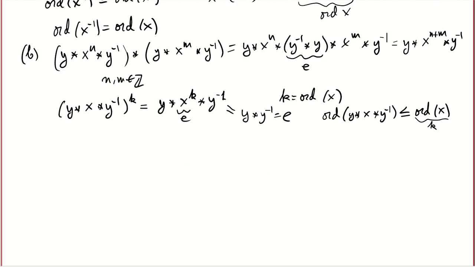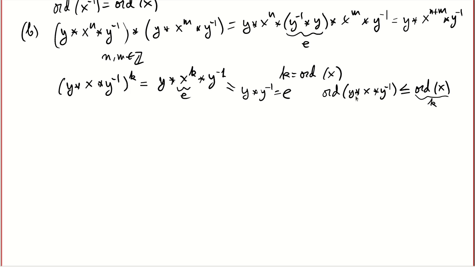Fine. Now we're going to prove the opposite inequality by writing x in this specific way. We write this as this composition, which is true if we take z equal to y minus 1.